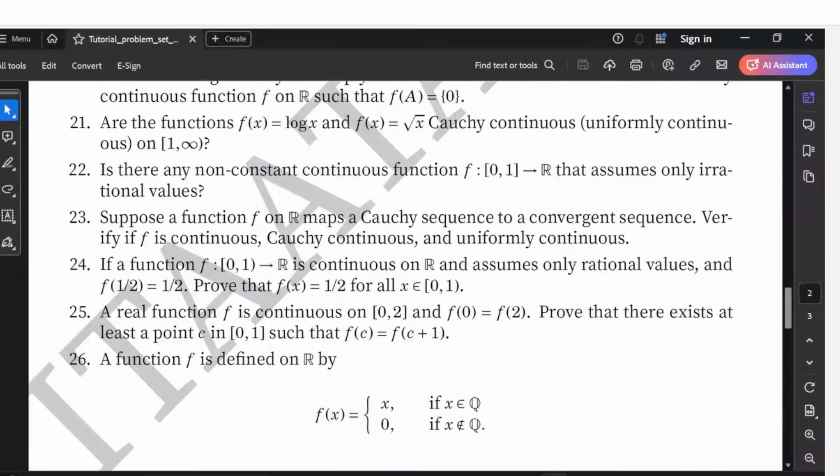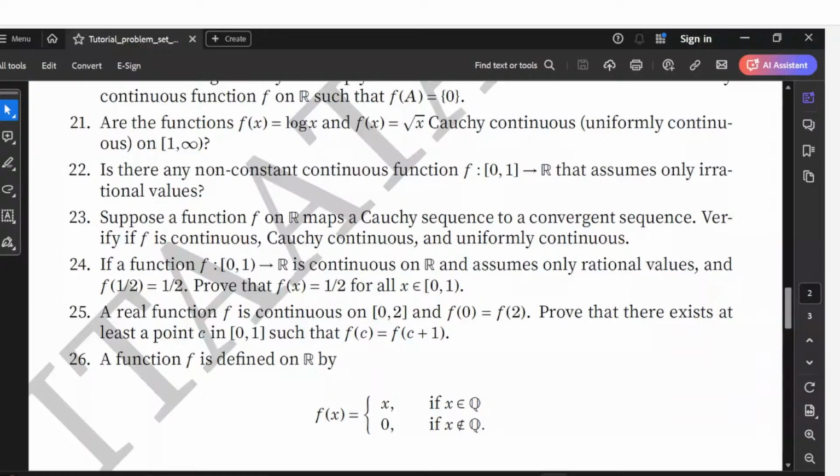Okay, question number 23. Suppose a function maps a Cauchy sequence to a convergent sequence. Verify if it is continuous. A function on R maps a Cauchy sequence to a convergent sequence.